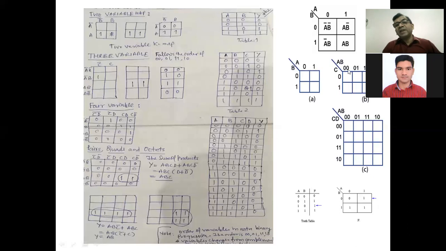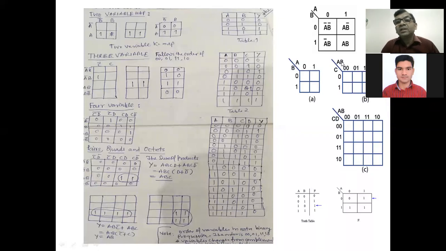So how can this be represented? What will be the value of these squares? For example, this 0, 0 says that A and B both are 0. Then 0, 1 means A is 0, B is 1. Then A is 1, B is 1.